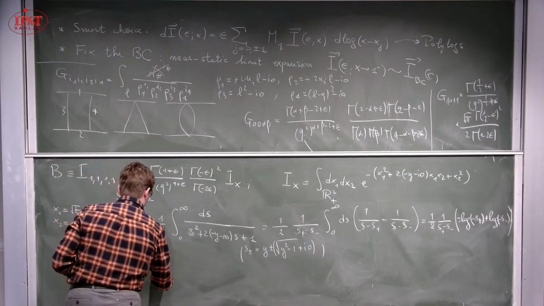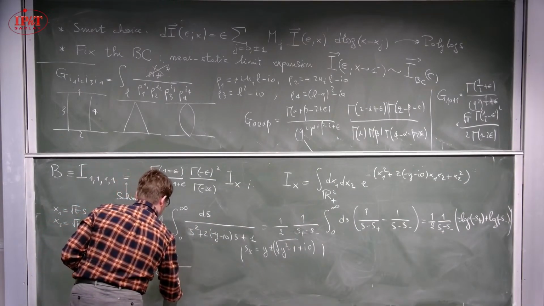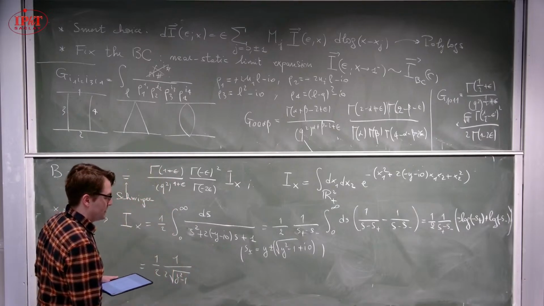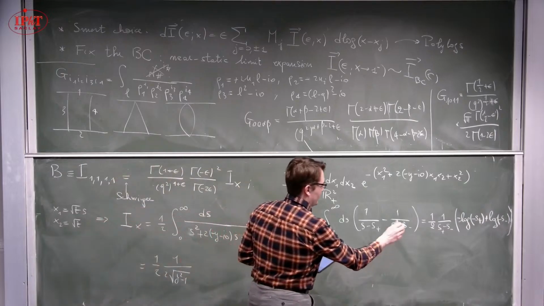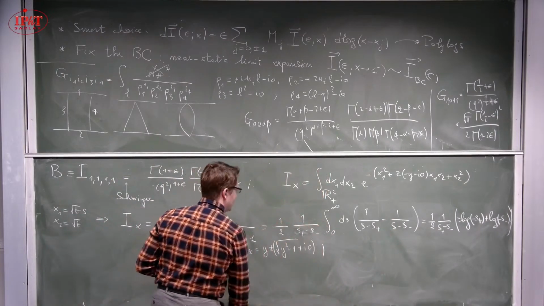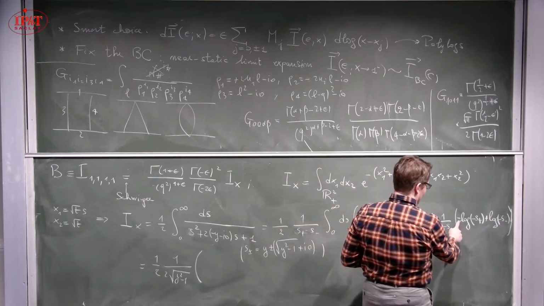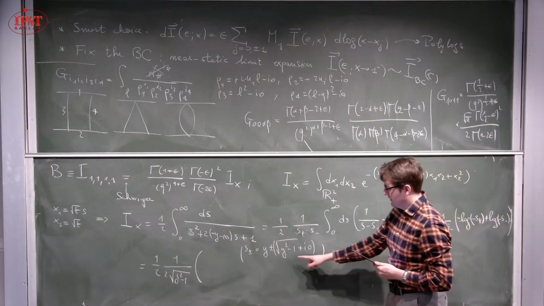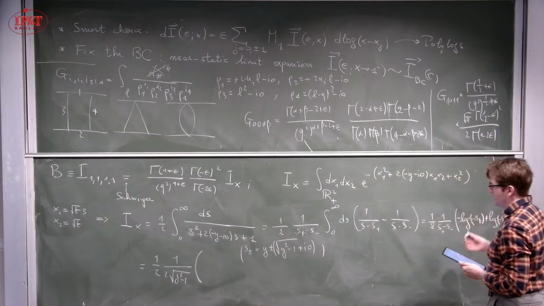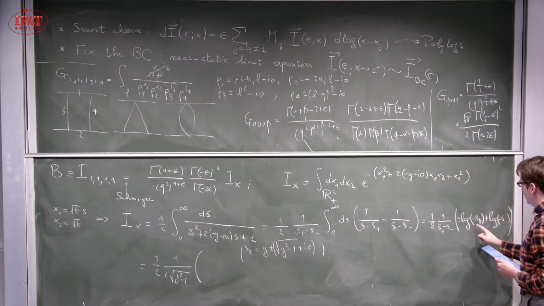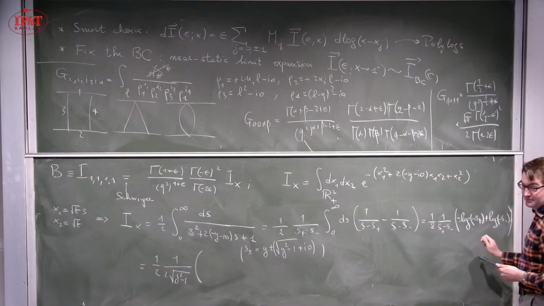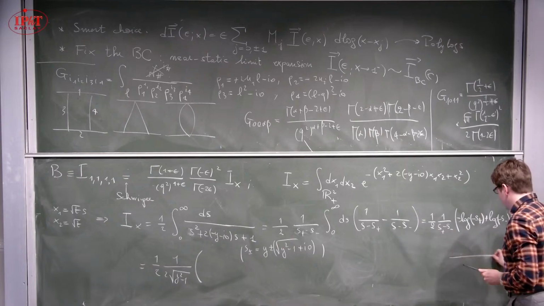So then we have 1 over twice the square root that comes from s plus minus s minus. And then here, okay, this is the hard part. Here we have a minus, and then we have a log of minus s plus. s plus has a plus i epsilon, so we are slightly above the negative real axis, which I think means that this has plus i pi.